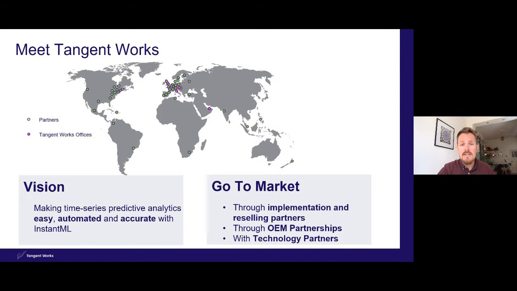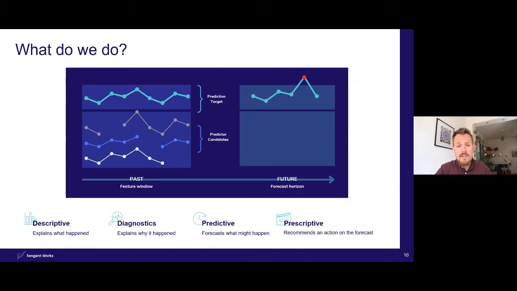But our mission is to make time series predictive analytics easy, automated, and accurate with instant machine learning. Now, I will be explaining those couple of words a bit more in detail in the next slides, but we do that together with partners, and including At Once, because at the end, it's about an end-to-end solution which we want to provide.